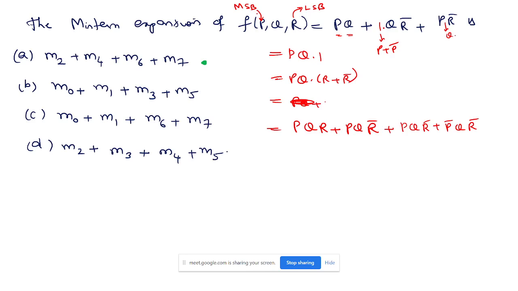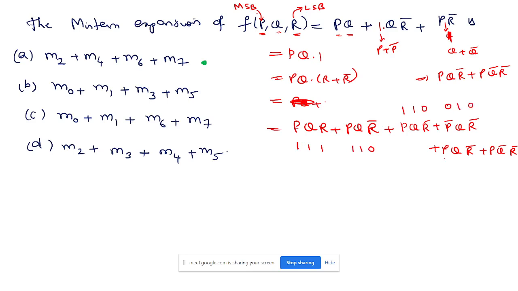Here Q is missing. We have to follow the format: P is MSB, R is LSB, middle Q. So I write 1 as Q plus Q bar, and what will I write? PQR bar plus PQ bar R bar. Now let's go for coding. P is in uncomplemented form, so 111, 110, 110, 010, 110, 100.